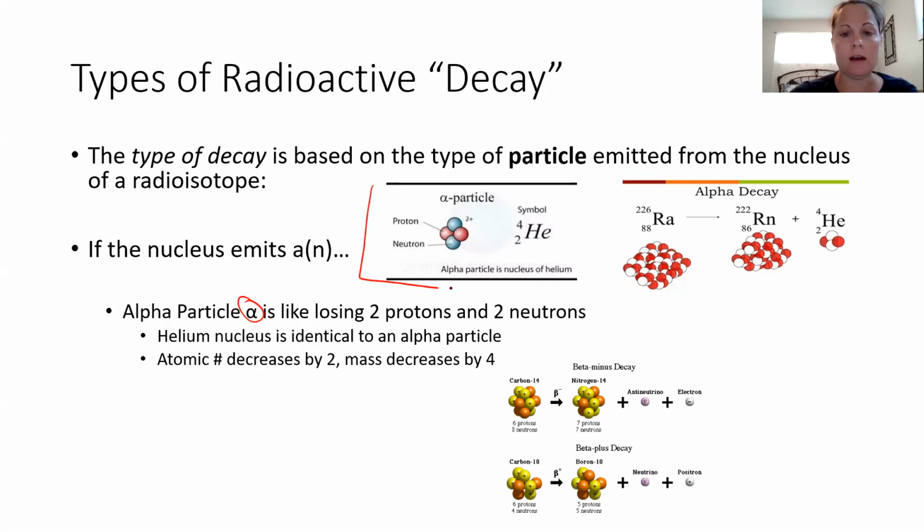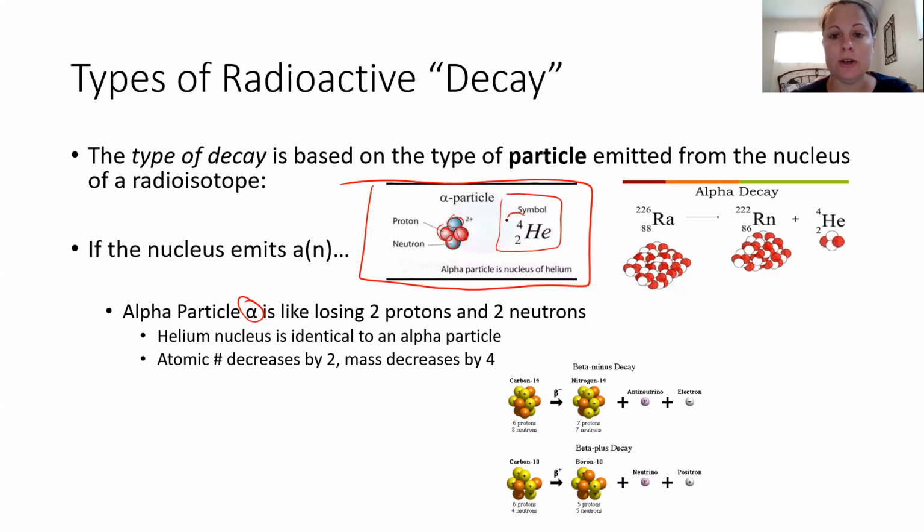So I'm going to avert your attention here. What is an alpha particle? An alpha particle contains 2 protons and 2 neutrons. So when this particle is spit out of a bigger atom, it actually looks like a helium nucleus.